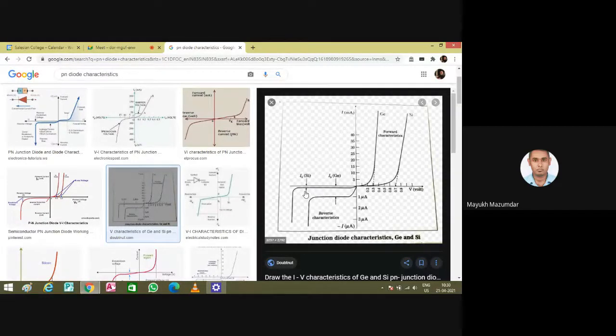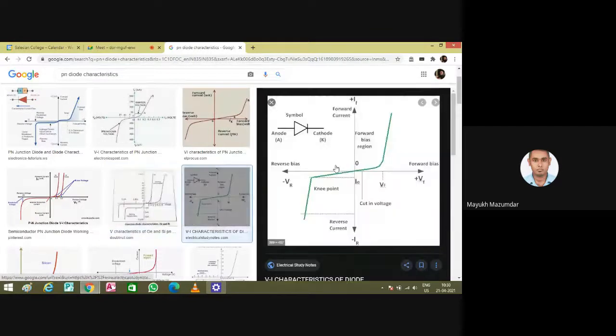If the current is constant, we just plot the graph. Practically it won't always be straight; there is a slight change in the value in the reverse direction.